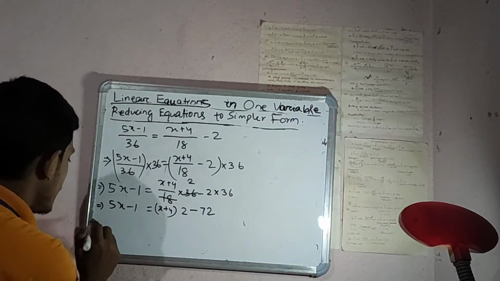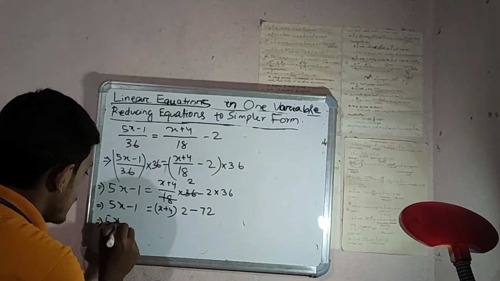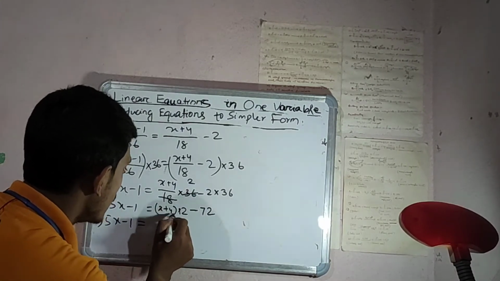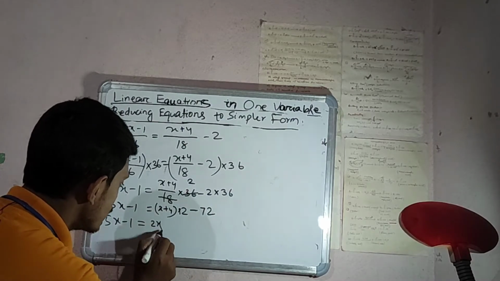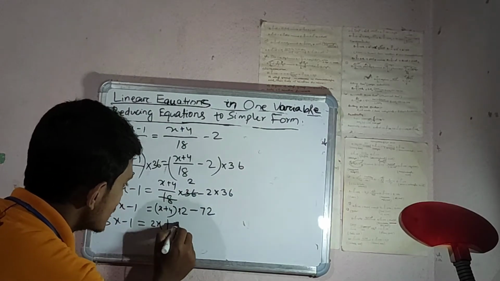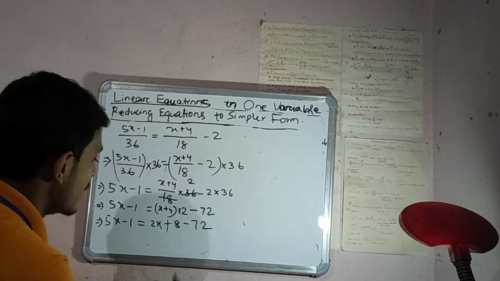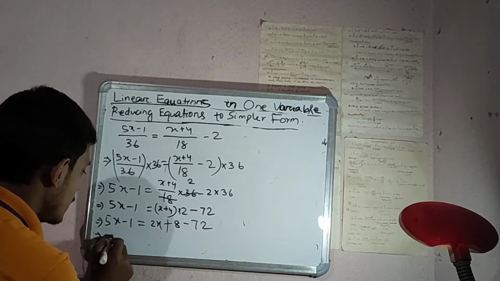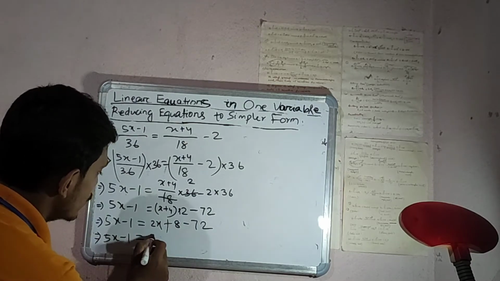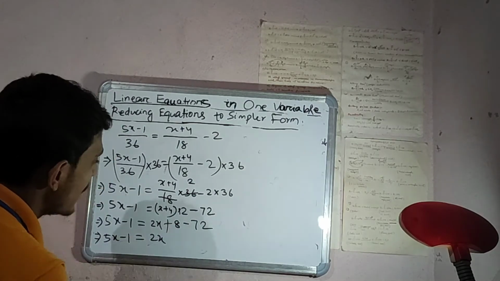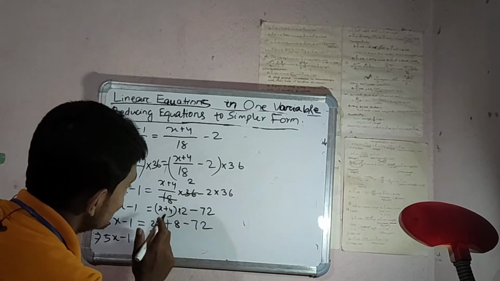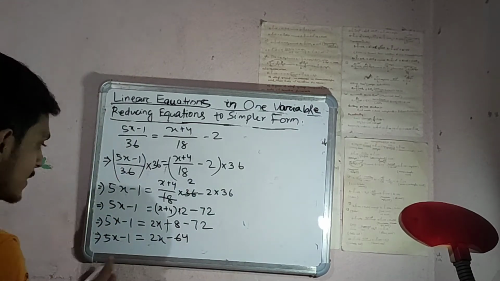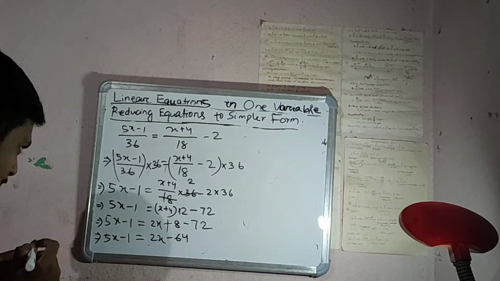Again, 5x minus 1, then multiply 2 with this bracket, so 2x plus 2 4s are 8, minus 72. So 5x minus 1 is equal to 2x plus 8 minus 72, that is minus 64.